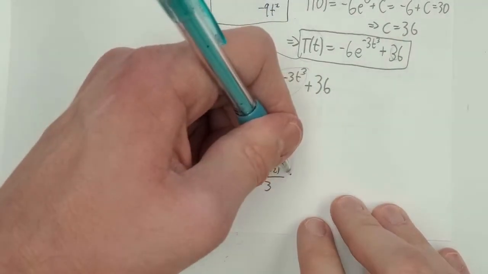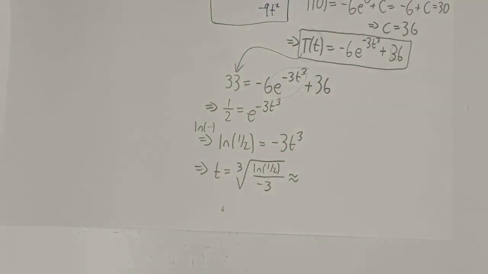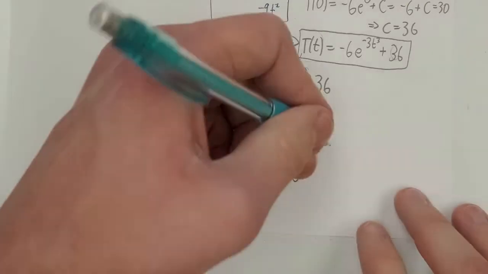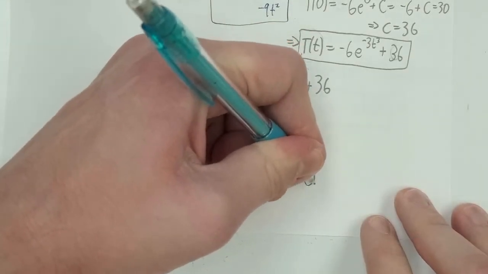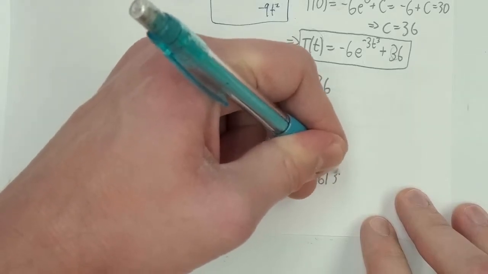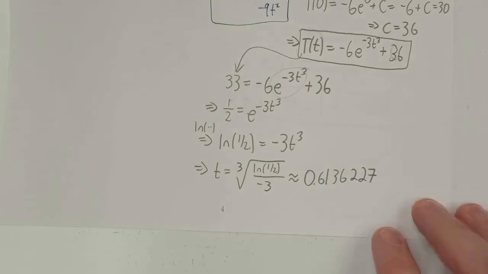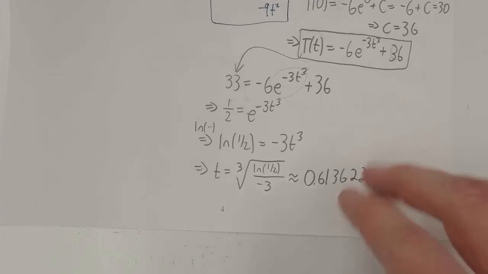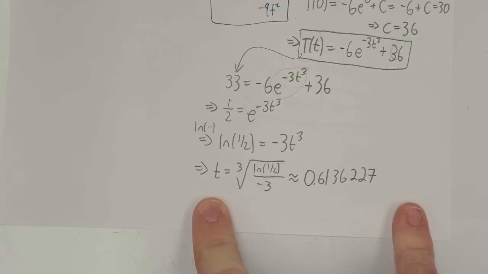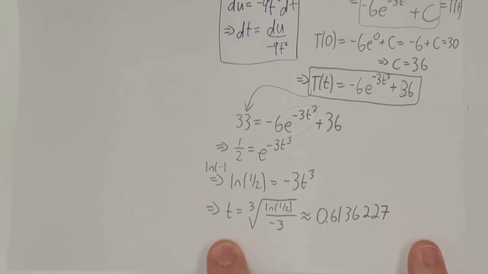If you plug this into a calculator, it comes out to about 0.61362227. You might think that's a weird small number, but one thing to keep in mind is the units of the original problem.